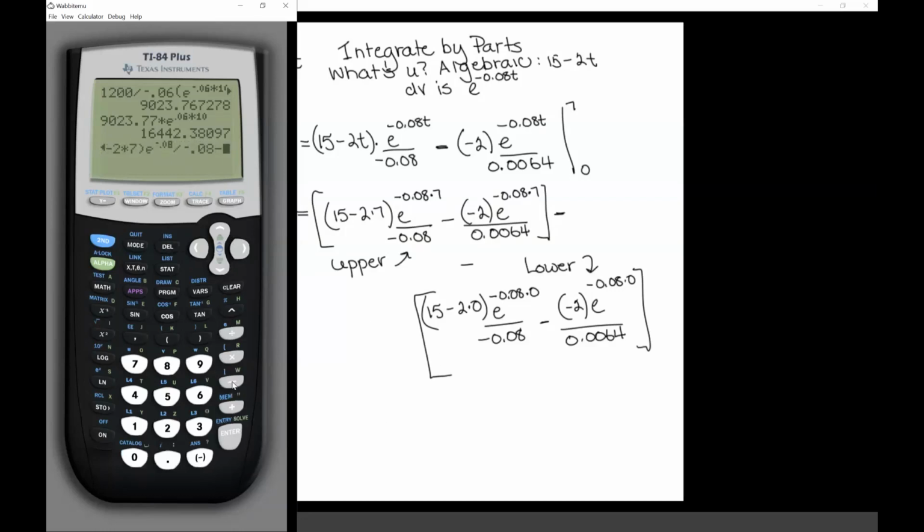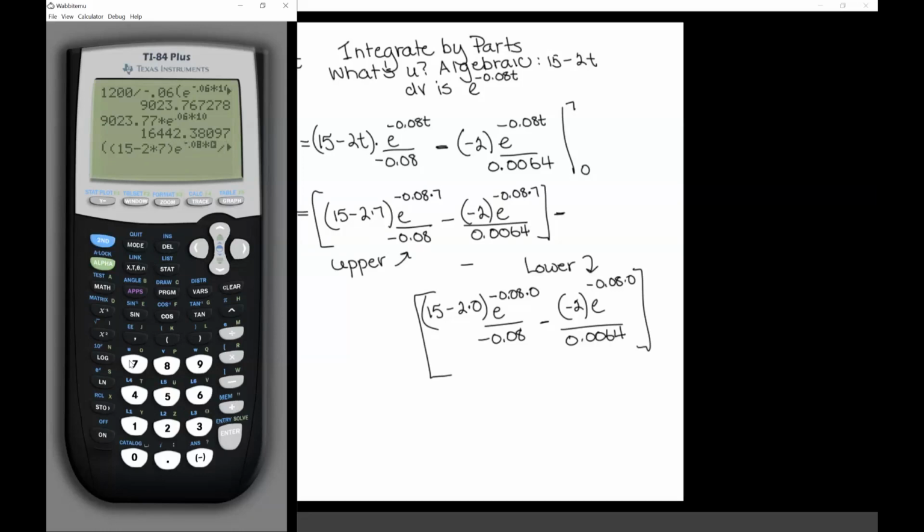And then minus negative 2 e to the negative 0.08 times 7. You know what? I lost my times 7 back here. I just realized in my exponent. This should be negative 0.08 times 7. So let me insert that.